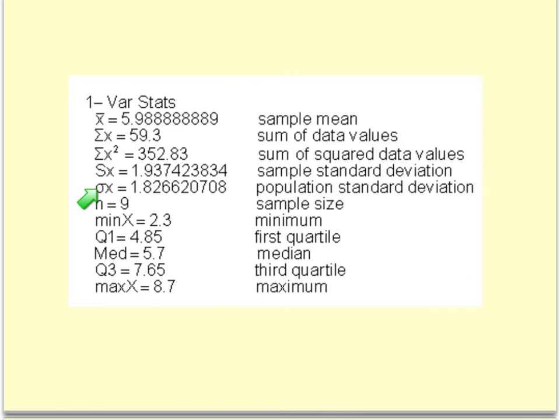But most of the time, as I've said, the data we're examining comes from a sample, and so in that case we should always use this S sub x. And if you're ever in doubt, it would be a good idea just to use that one. And then this N just represents the number of data values that were in our sample. And then we've talked about the last 5 here. That's our 5-number summary that we have been using with our box plots.